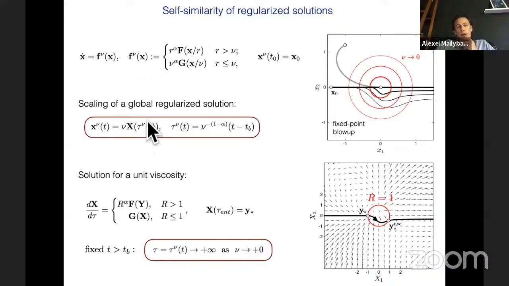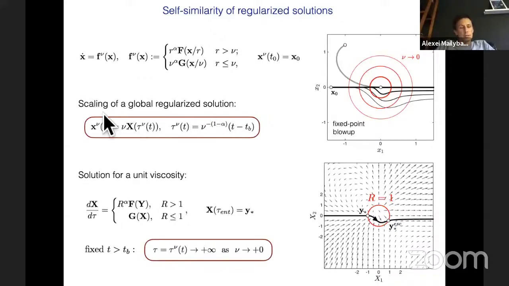So tau nu will be our new time, depending on nu. And tau nu will be obtained by the time from the singularity multiplied by nu in the power minus 1 minus alpha. Alpha is smaller than 1, so this is a negative power.